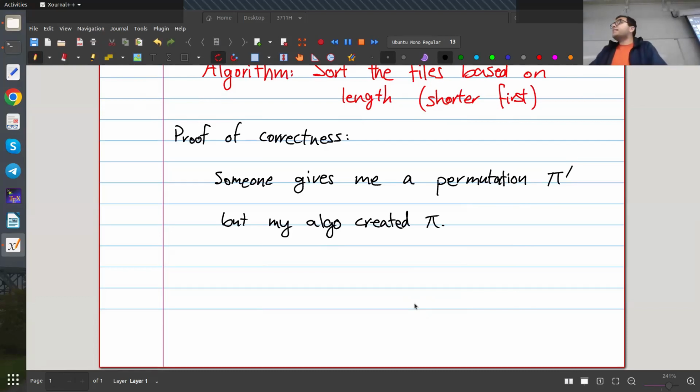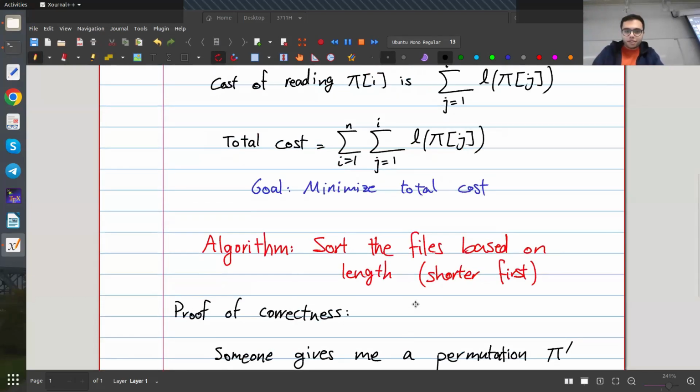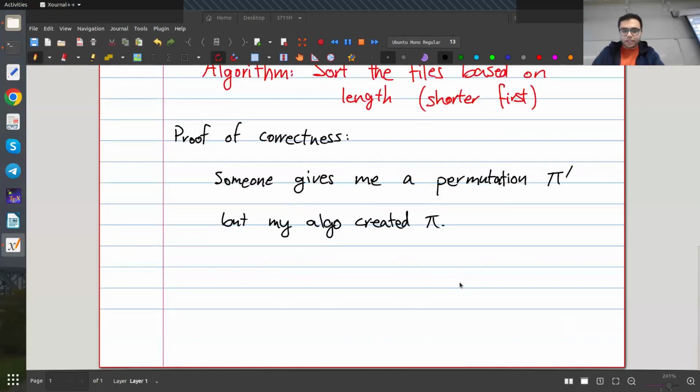But let's say this P prime didn't put all the files in the order of their lengths. So there is some point in P prime where a longer file is put before a shorter file. And let's just assume that our files have different lengths as well, because you can do the corner cases where you have a lot of files of the same length, but let's just say the files have different lengths for now.